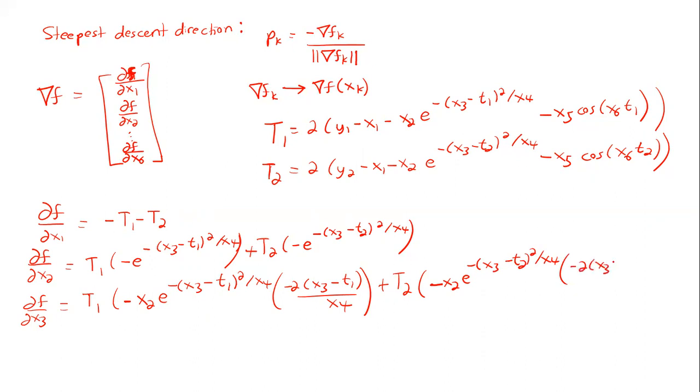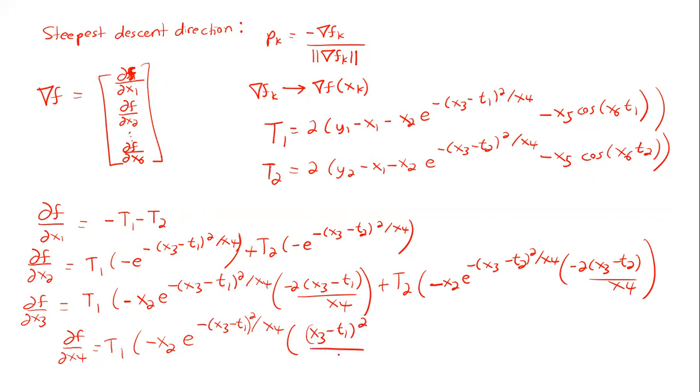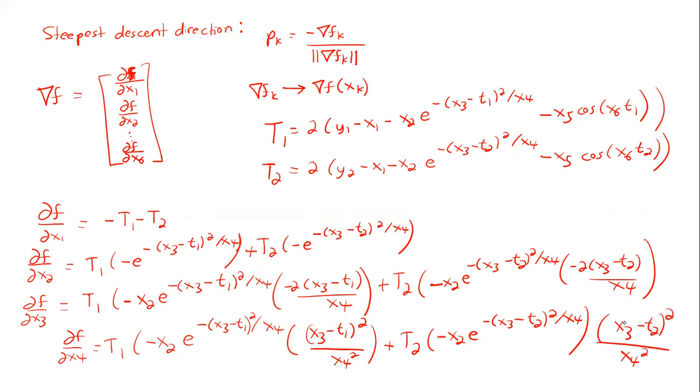negative 2 times x3 minus T2 over x4. And df over dx4 here equals T1 times negative x2 e to the negative x3 minus T1 squared over x4, and then times x3 minus T1 squared over x4 squared, plus T2 times negative x2 e to the negative x3 minus T2 squared over x4 times x3 minus T2 squared over x4 squared.